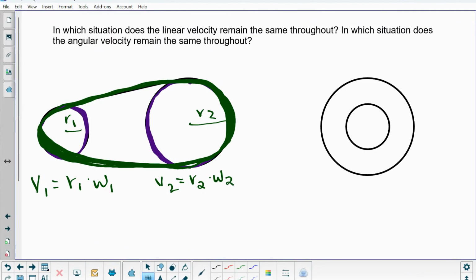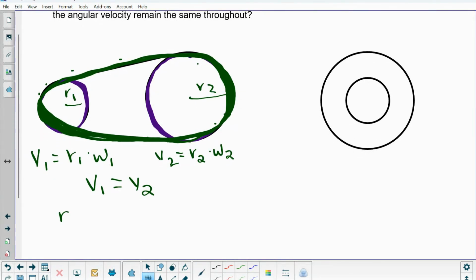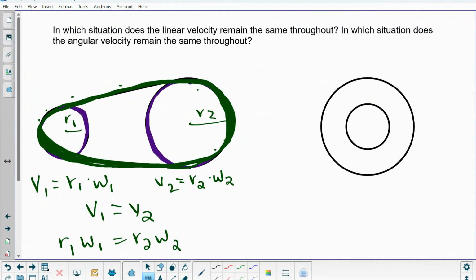But since this green part represents the linear velocity of both of the circles, both of the linear velocities have to be the same. So V1 would have to equal V2, which really means that R1 times omega 1 would equal R2 times omega 2. Okay, so that's that scenario.